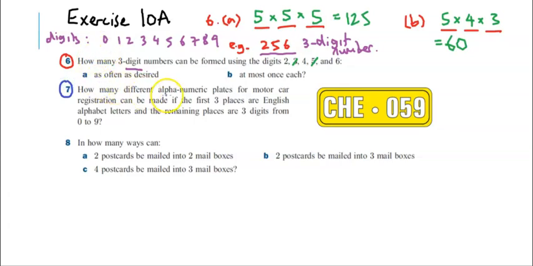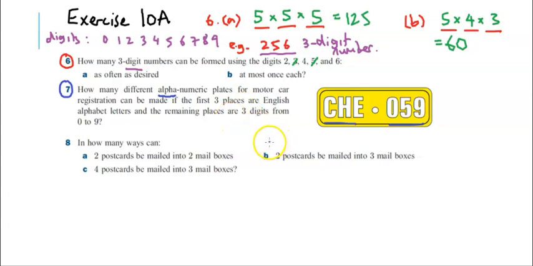It says, how many different alphanumeric, so alpha I guess is short for alphabet, and numeric means number, number plates for a motor car registration can be made if the first 3 places are English alphabet letters and the remaining 3 places are 3 digits from 0 to 9.